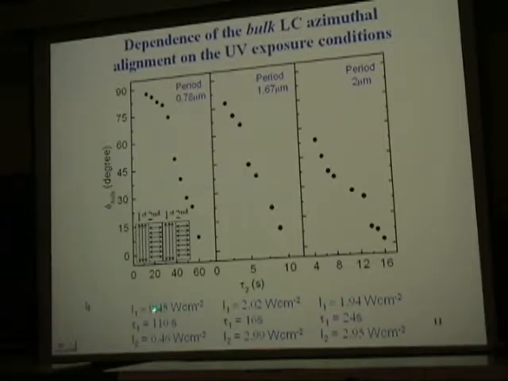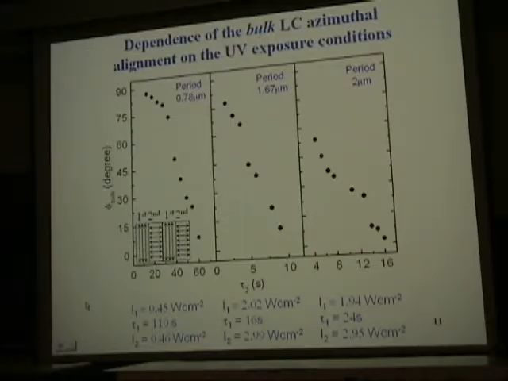Listed here are the experimental parameters we use in doing this measurement for 3 different pattern periods. As you can see, for all 3 pattern periods, indeed the bulk alignment angle varies from 90 degrees continuously to 0 degrees as we increase the second exposure time.